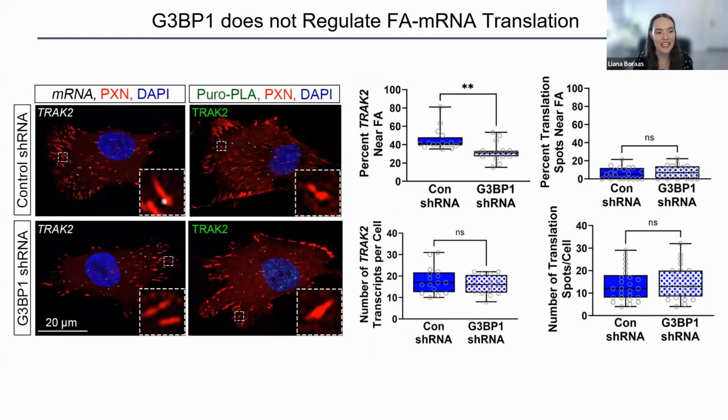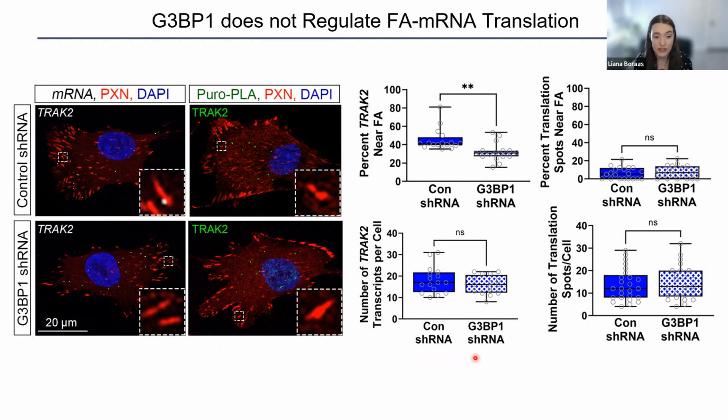So we repeated those assays, single molecule FISH and puro-PLA, again looking at the RNA and the newly synthesized protein, and we quantified a few different things. Again, just showing one example, but we see this for multiple focal adhesion mRNAs: when we induce a G3BP1 knockdown with shRNA, we see less RNA at the focal adhesion, which is in line with our MERFISH data.